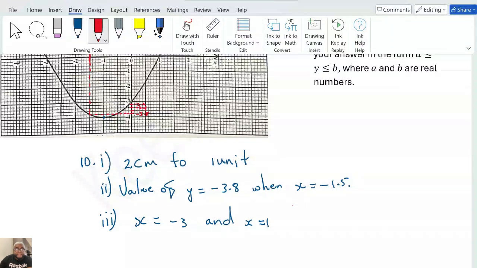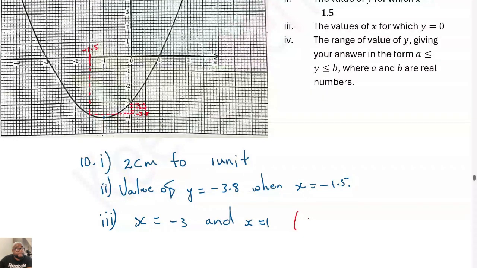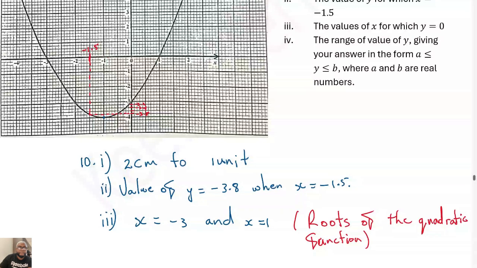Also known as my what? What are these values of x called? My roots. Roots of the quadratic. Please write it, Tina, because you're all forgetting. Roots of the quadratic function. Thank you, my children.